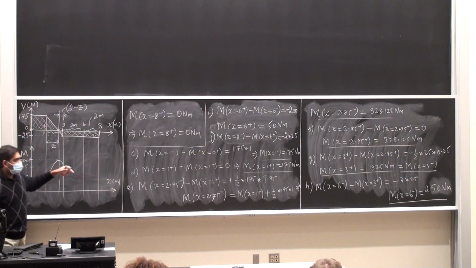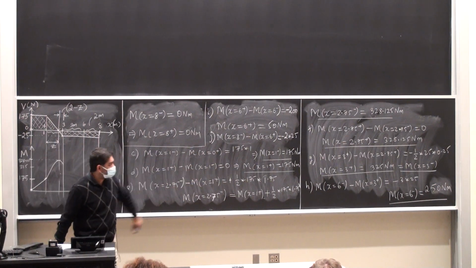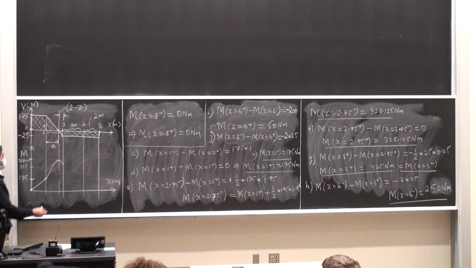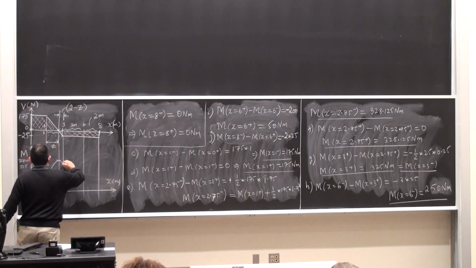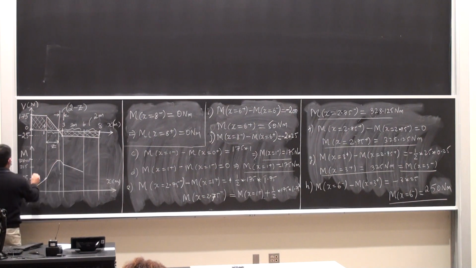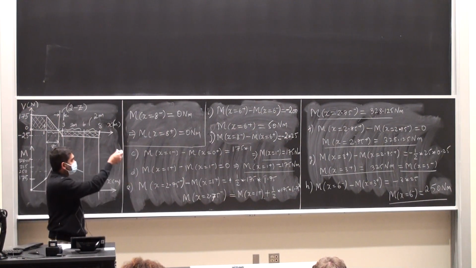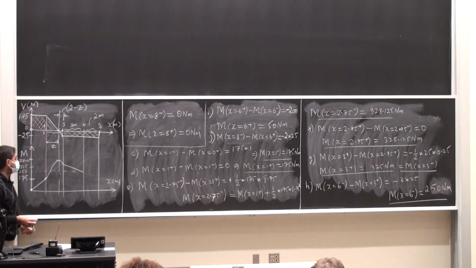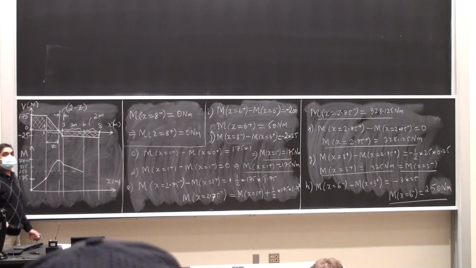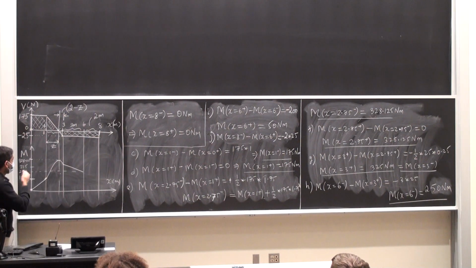Then from 325, I have to go all the way to 250. That is from 3 to 6 meters. I go in a linear fashion. And then all the way from 250, I have to go to 50 Newton meters. And that's also in a linear fashion. Okay.